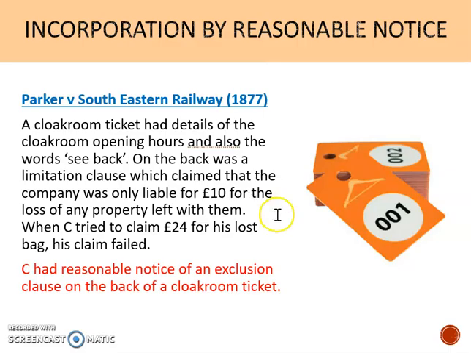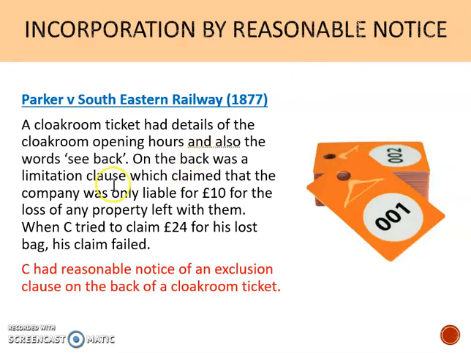So the claimant gave his coat in to this cloakroom and they lost his coat and his bag, and he was trying to claim £24. His claim failed, and what the court said was, although he hadn't signed anything, their exclusion clause, limiting liability to only £10, had been incorporated into the contract by reasonable notice.